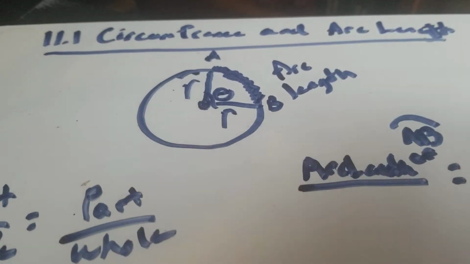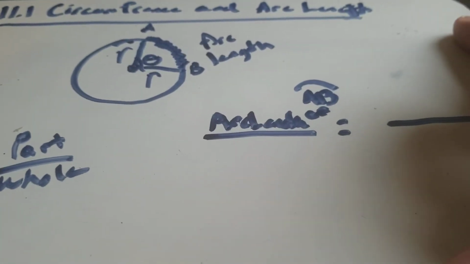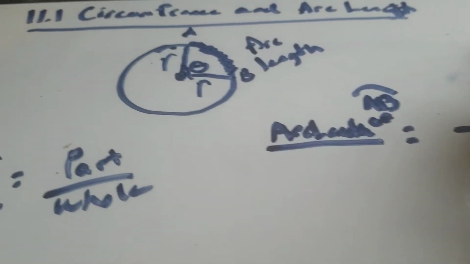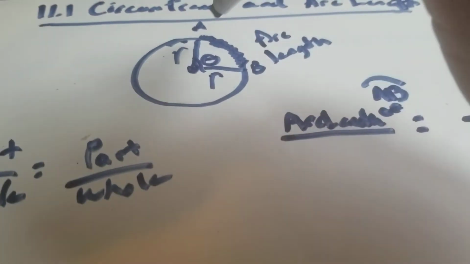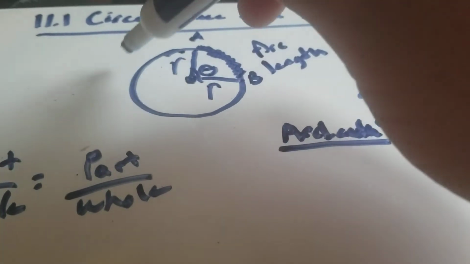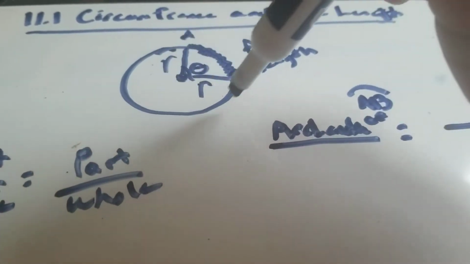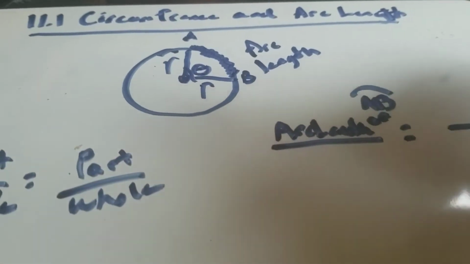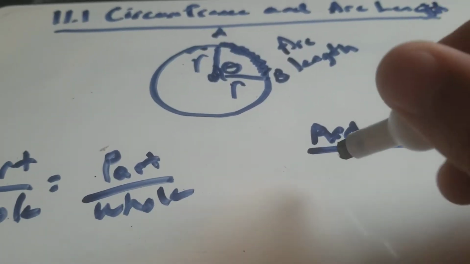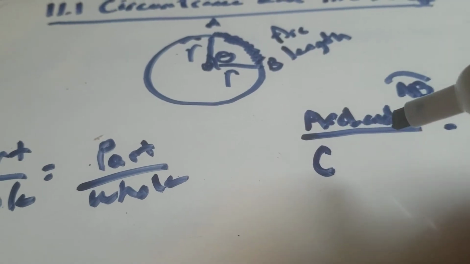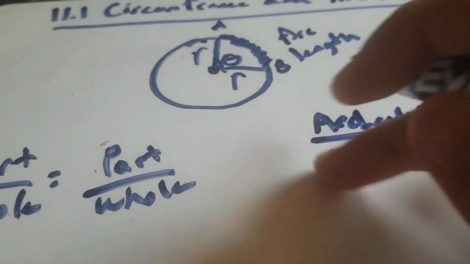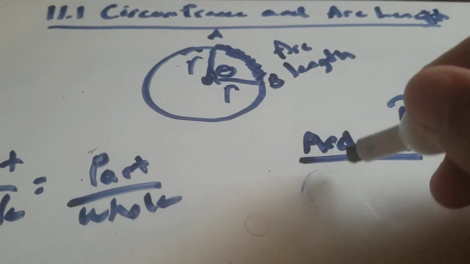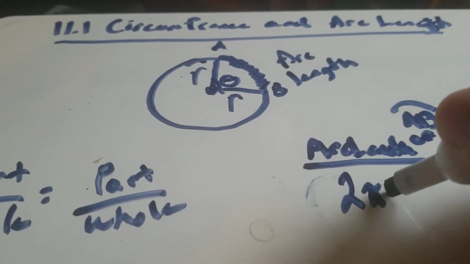We don't know how long that is yet, and don't worry about that. So the arc length of AB over, think about it, from earlier in the video, what is the whole circle? Well, the whole circle is the circumference. So you could either put C, or you could put the actual equation right in, which is 2 pi r.